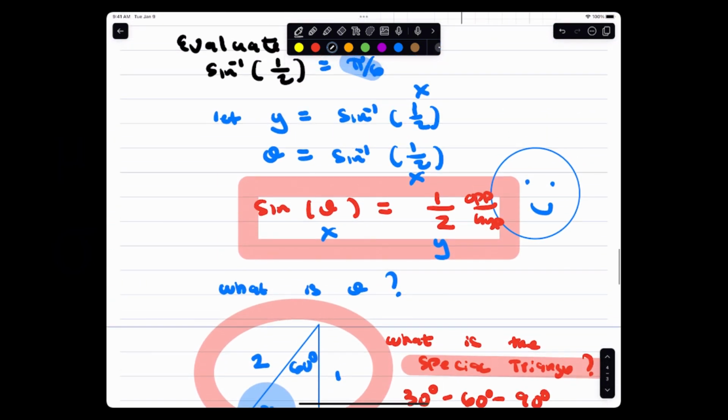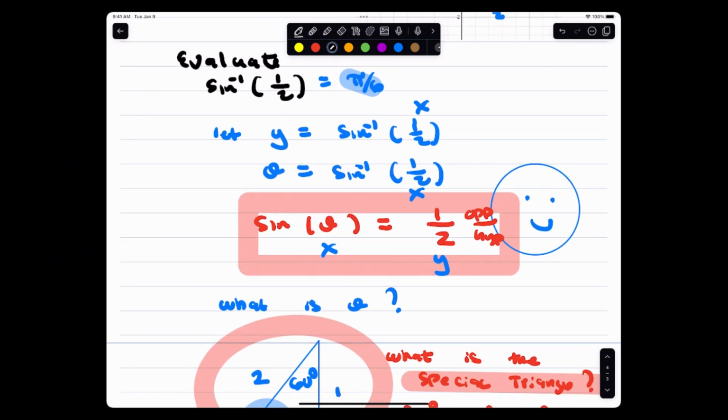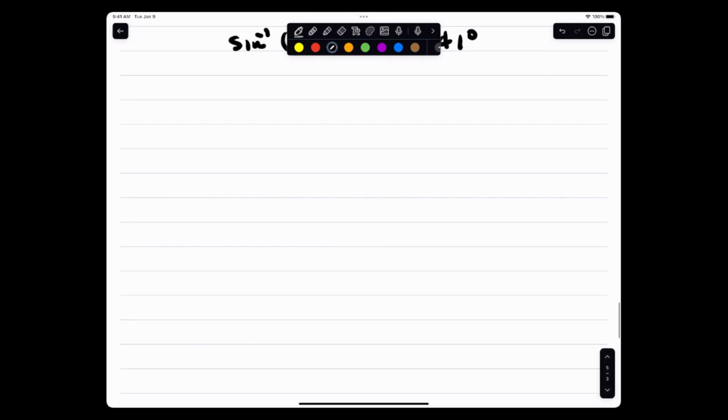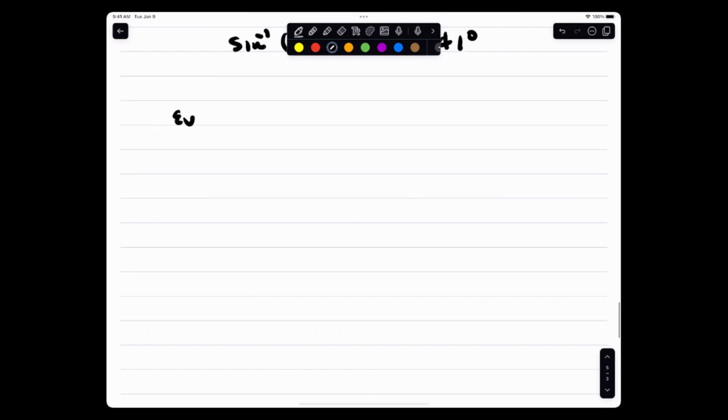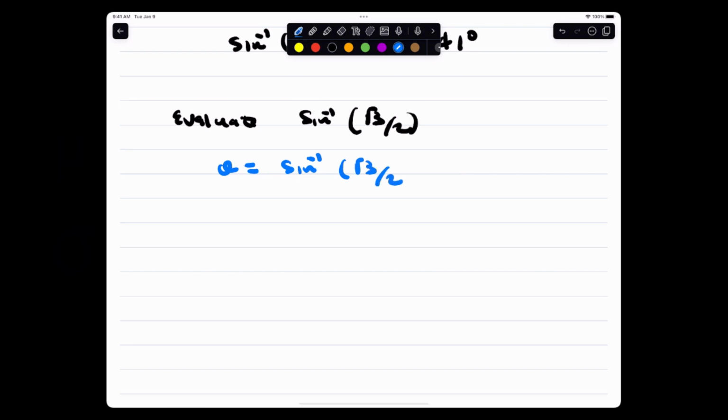And they're going to give you more questions, like, for example, for inverse sine, let me go to your book. They may say, here's another, evaluate inverse sine here. But theta now, you say, what do I do? Let theta be inverse sine square root of 3 over 2. And what does that give you?